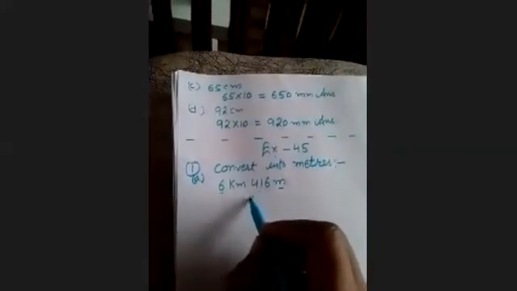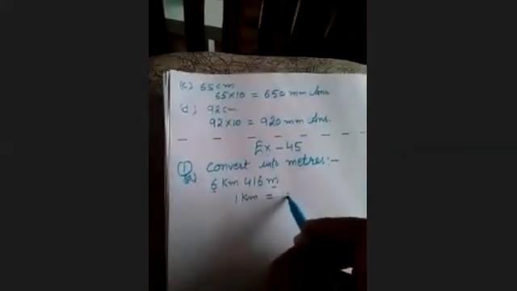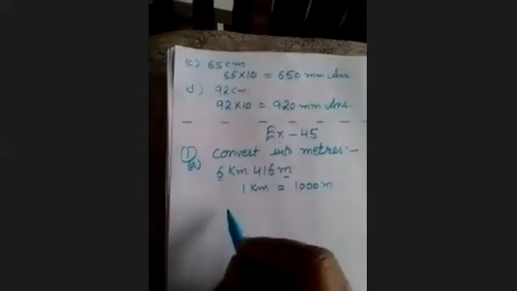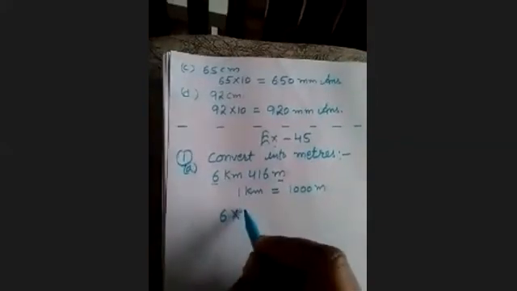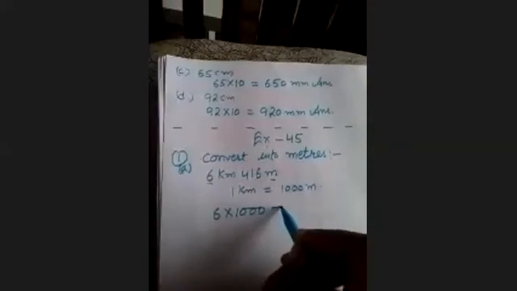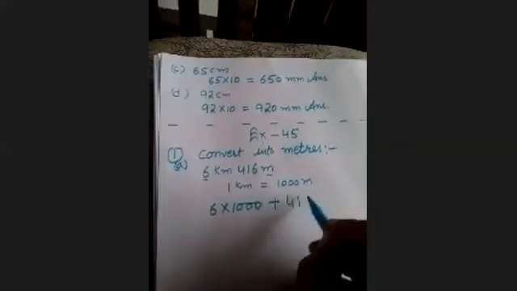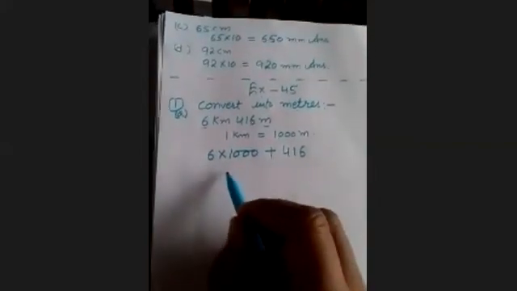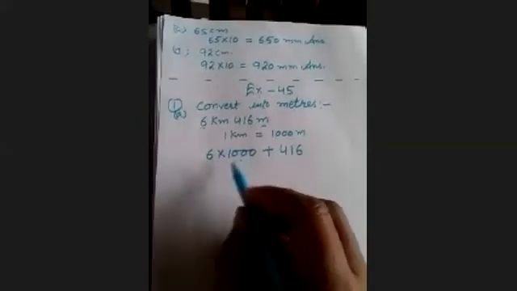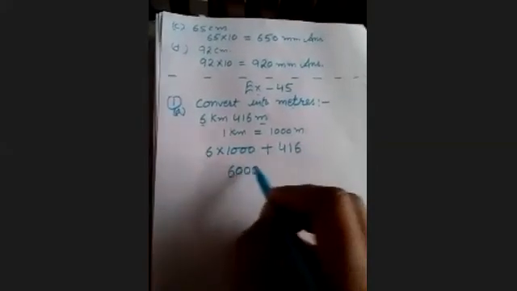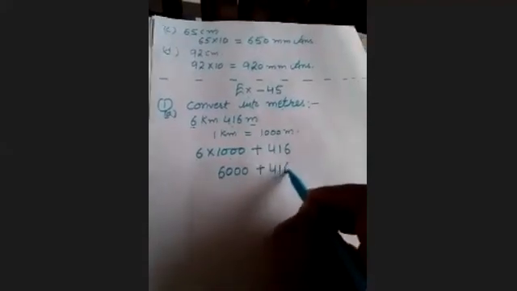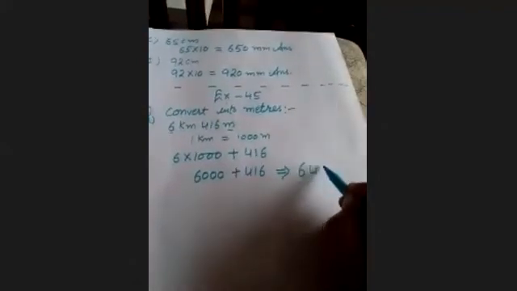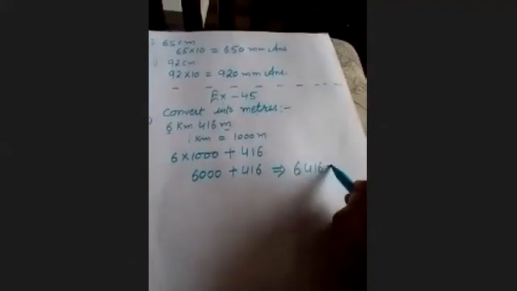So in 1 kilometer we have 1000 meter. So simply multiply 6 by 1000, then add 416. Now 6 multiplied by 1000 is 6000 plus 416 is equal to 6416 meter.